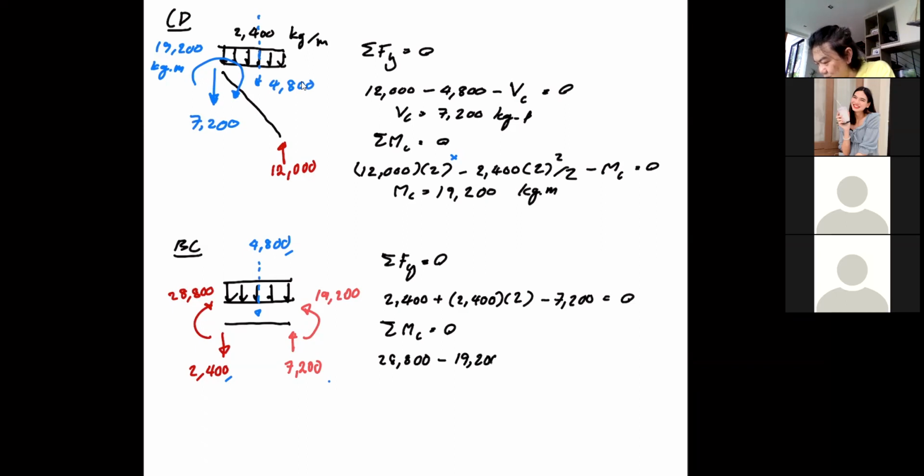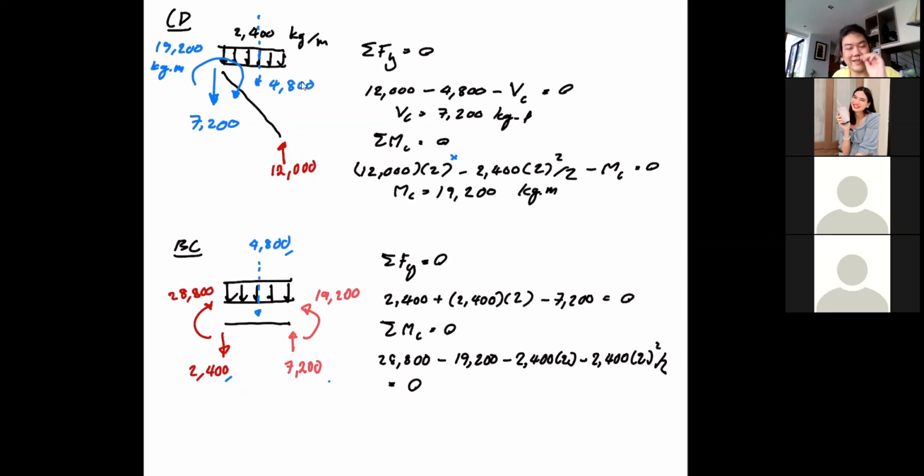Don't forget the moment, minus 2400 multiplied by 2 minus 2400 multiplied by 2 over 2. We're taking the moment at C, okay? That's a summation of all the moment, and this is 0. Once we have that, we have the complete free body diagram.